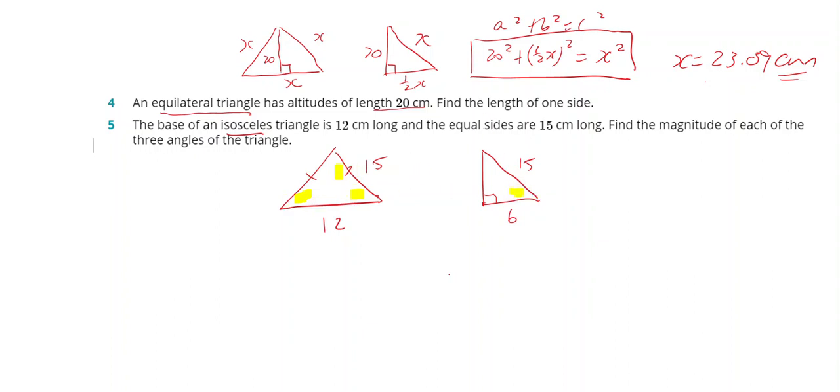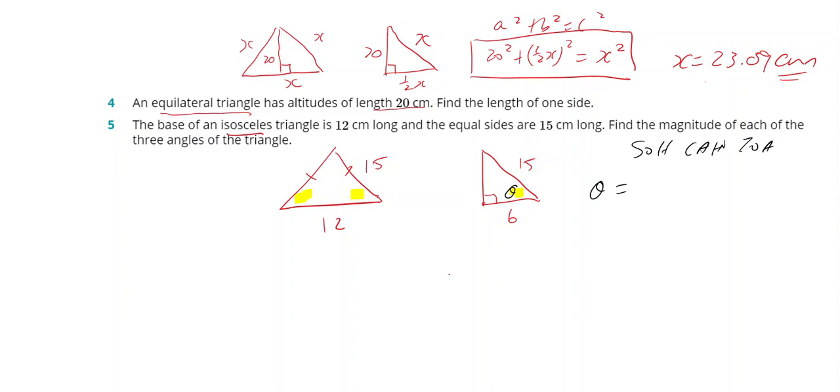The unknown angle, I'm just going to call theta. Theta equals, what's the relationship? We're going to use SOHCAHTOA. With respect to theta, 6 is adjacent and 15 is the hypotenuse.